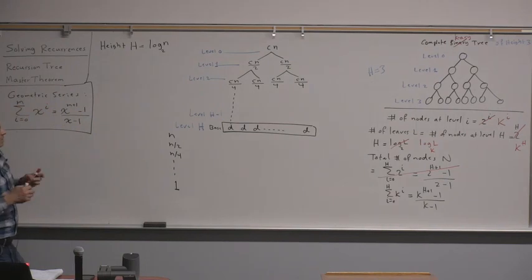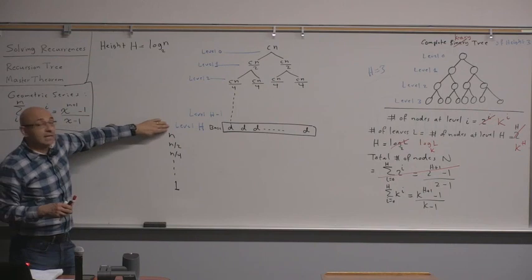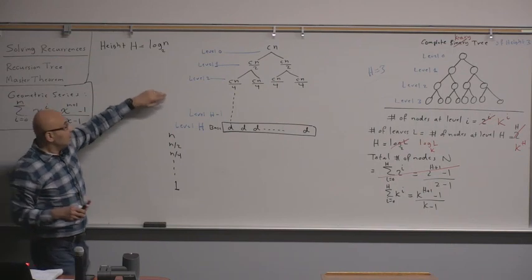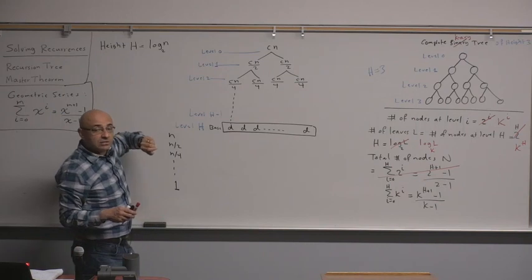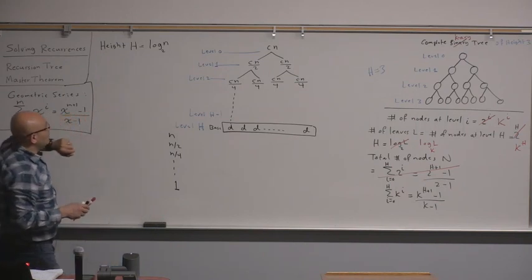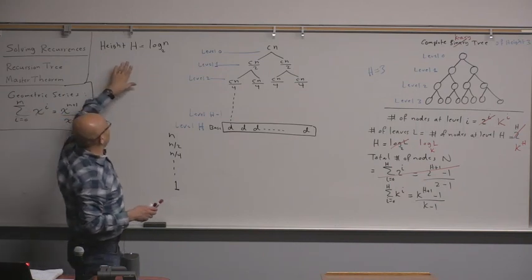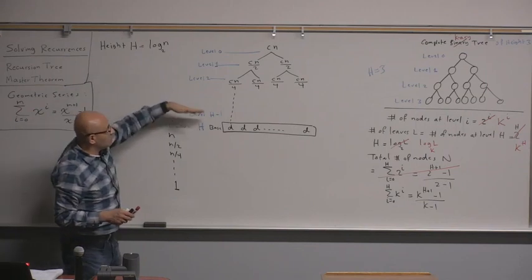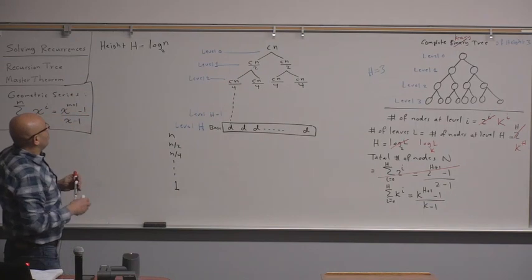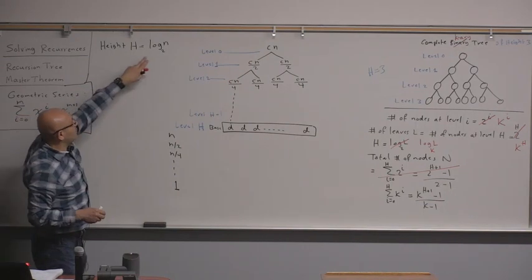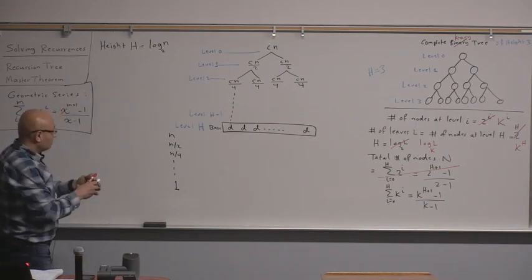So the total number of levels is h plus 1. The number of internal levels is h, right? And the height is going to be h, which is the number of edges here. So in this case, it's log n base 2.